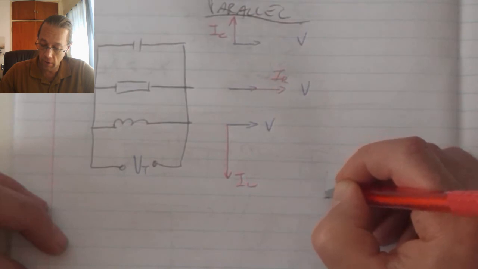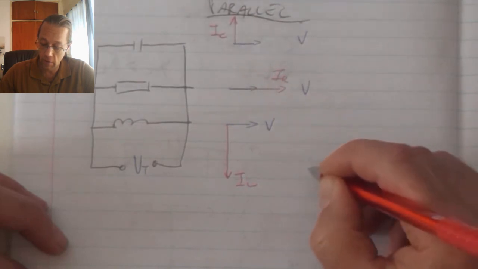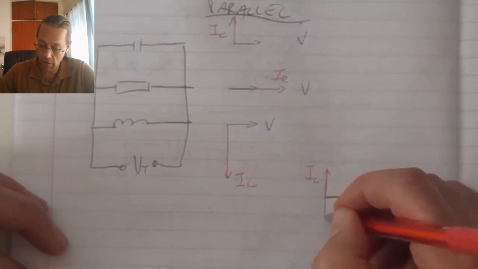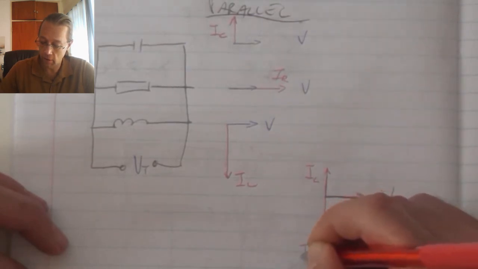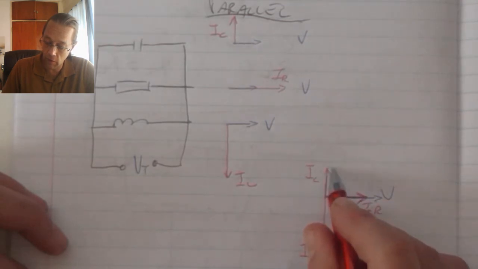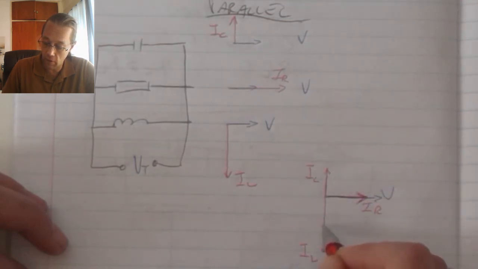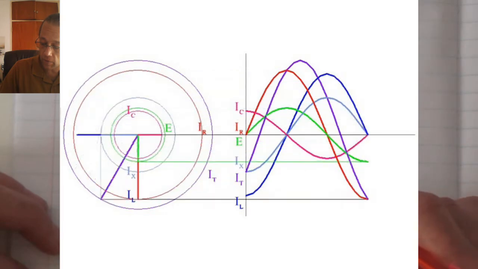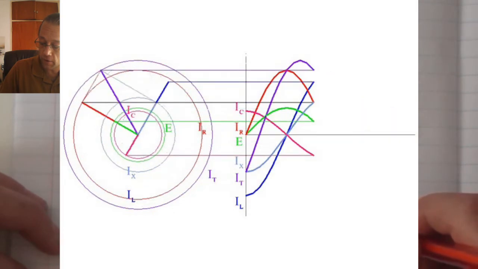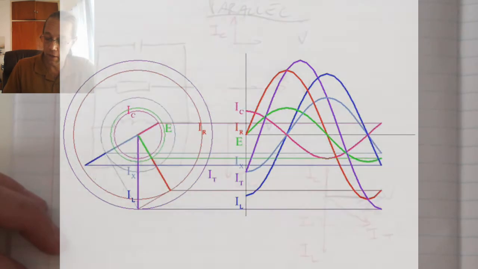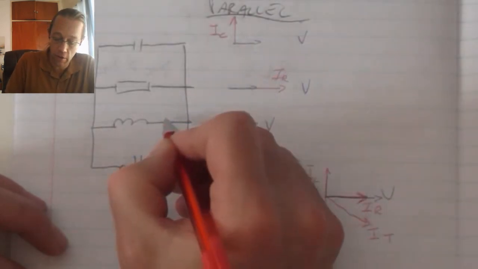The capacitor leads its current by 90 degrees. The inductor lags its current by 90 degrees. And if we compare these two, that's about 1.5, that's about 3, so I will have reactive current over at that level, and then that would mean my total current would be on that angle lagging the voltage.